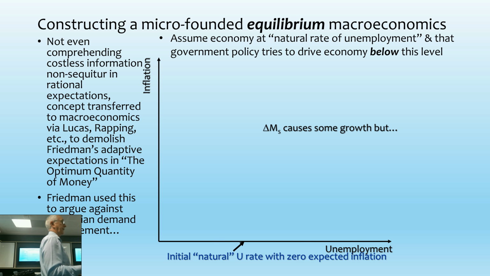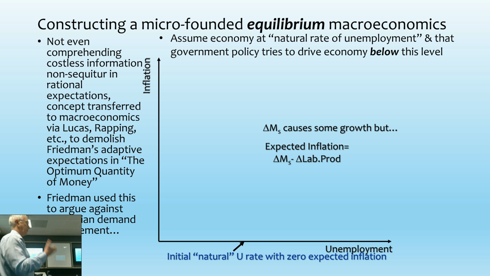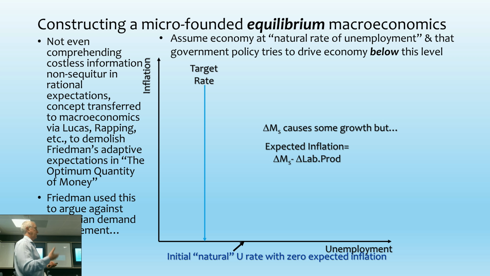He shows this with inflation on the vertical axis and unemployment on the horizontal, and there's some natural rate of unemployment where there's zero expected inflation to begin with. Then the government increases the money supply, which people interpret as an increase in demand. Because of that, they work harder and produce more output. But because of diminishing marginal productivity, you get rising prices. You move up the marginal cost curve, so you suddenly find yourself with a higher inflation rate and an unemployment rate below the natural rate.